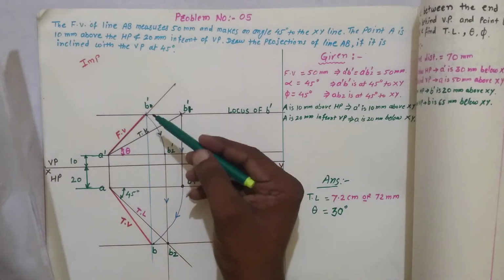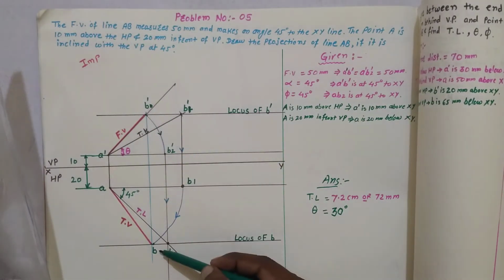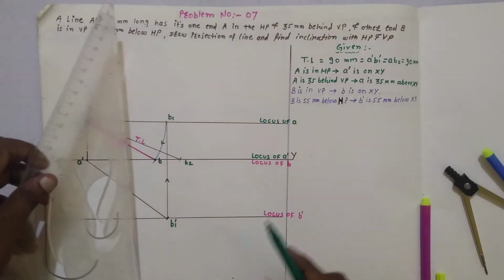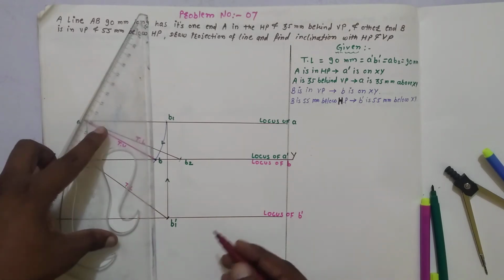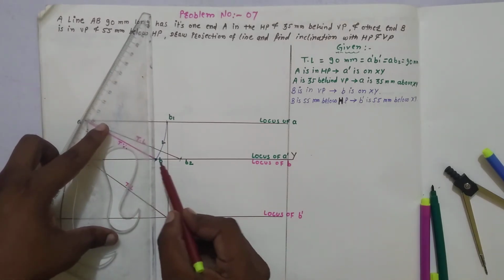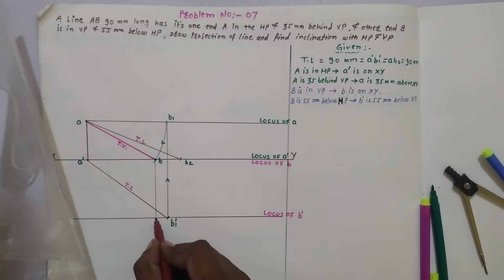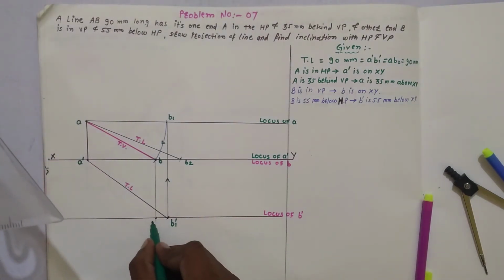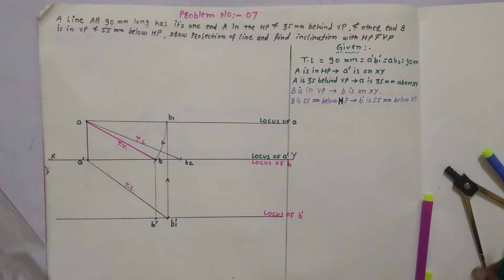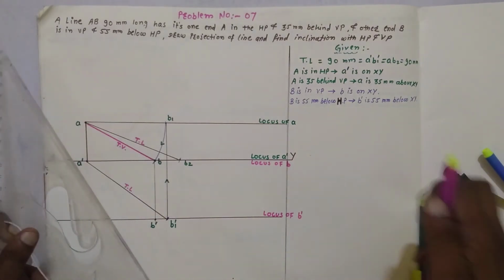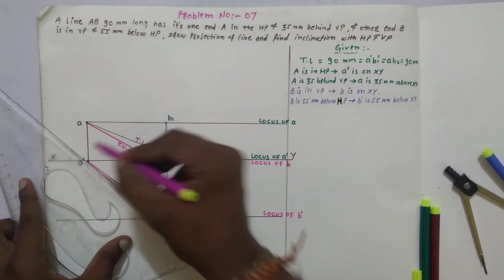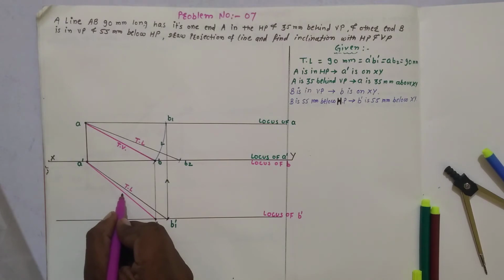So point B dash and point B must be on the same straight line. I draw one straight line which cuts the locus of B dash. This point is B dash. Just join A dash B dash, and this is your front view.